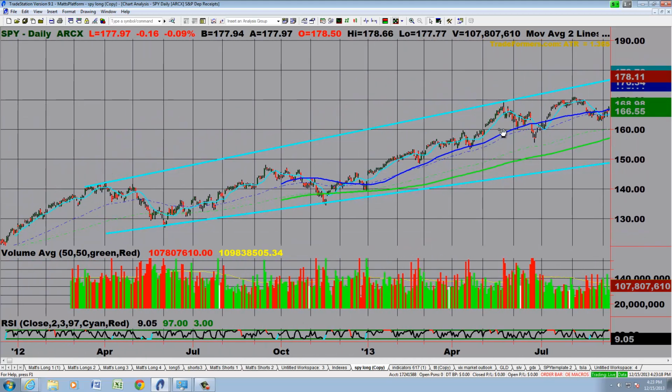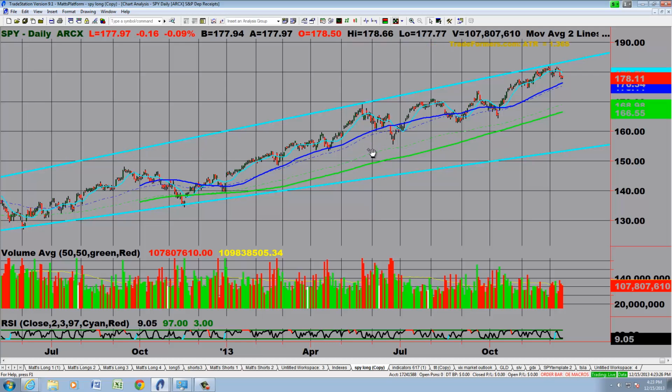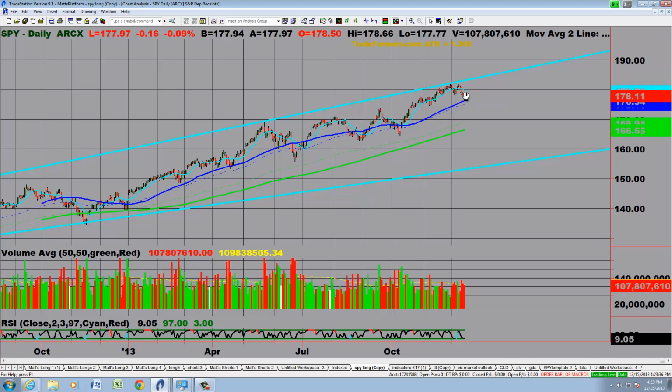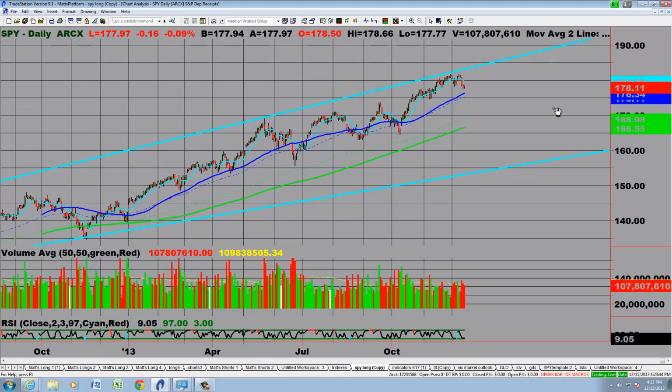And to the upside, if you take the top end of the channel, you can see we touched down back in April of 2012, again in the summer of 2013, and again we hit the very top of it in the month of November. Tried again here just last week and sort of failed pretty strongly.